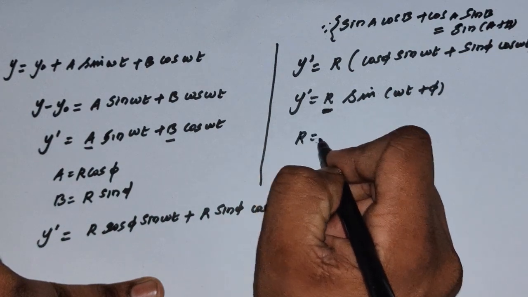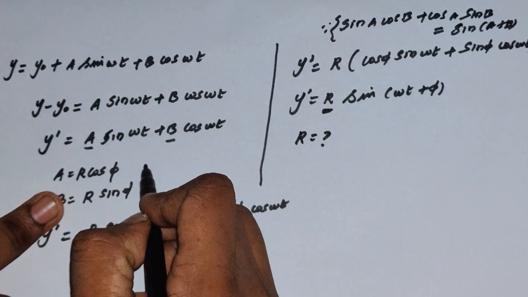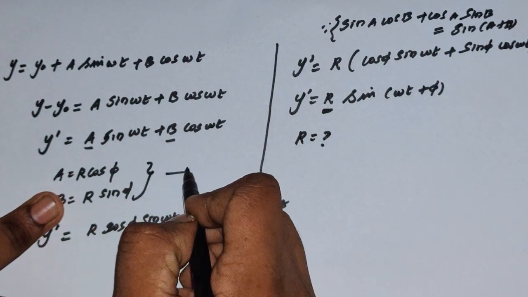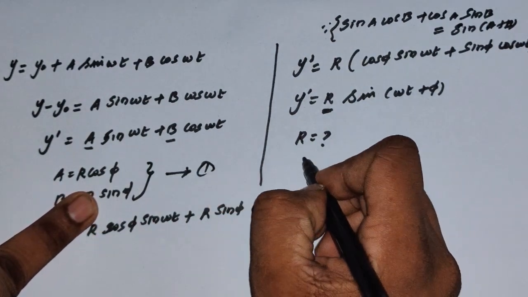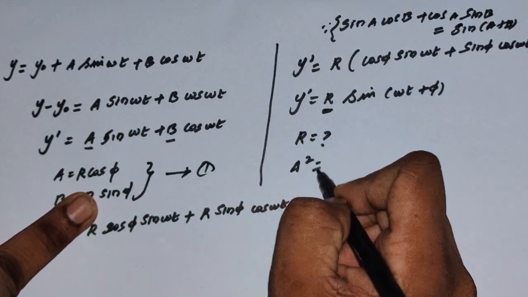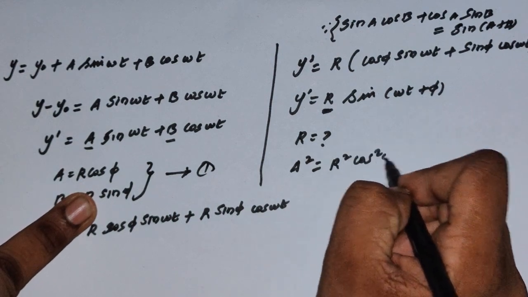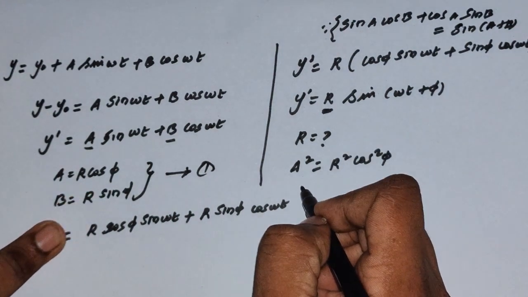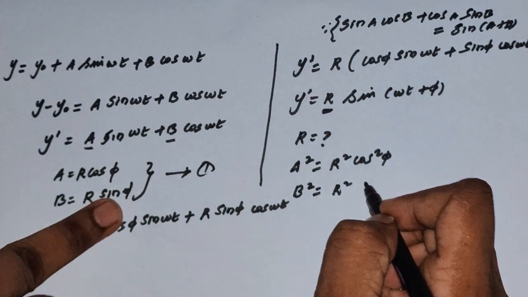Now we want to find what r is. It would be simple. Take this as equation number 1. Squaring, the left hand side is a square, and the right hand side is r square cos square phi. Squaring the other one, b square equals r square sin square phi.